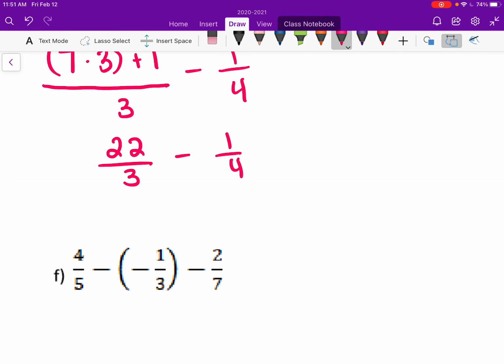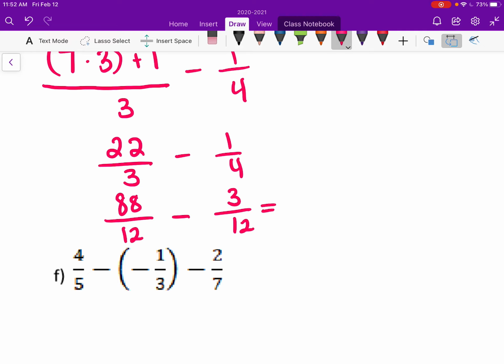Let's change these so that they have the lowest common denominator, and I believe it's 12. So 3 times 4 gives me 12, so we're going to do 22 times 4, which is 88. And for 1 over 4, we're going to go 4 times 3, so the top one is 3 as well. So 3 over 12. You're going to do 88 minus 3, which gives me 85.